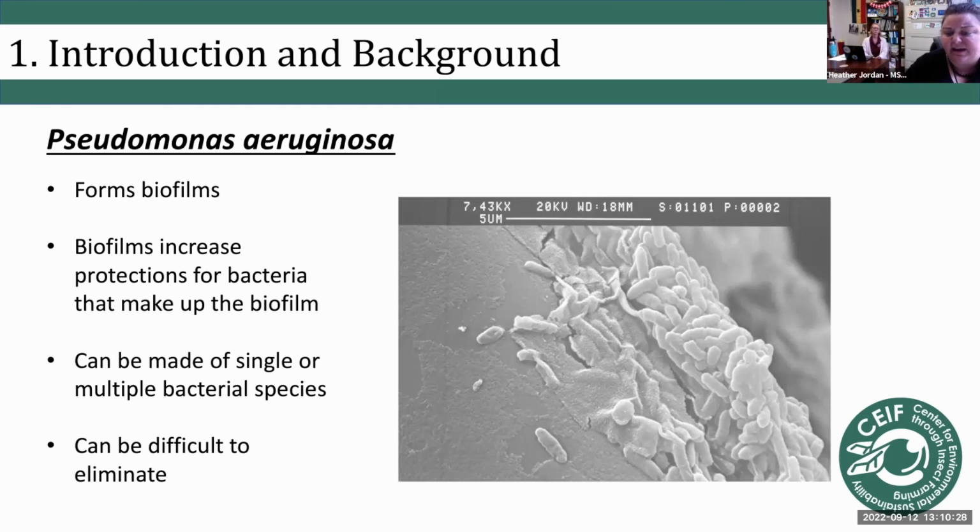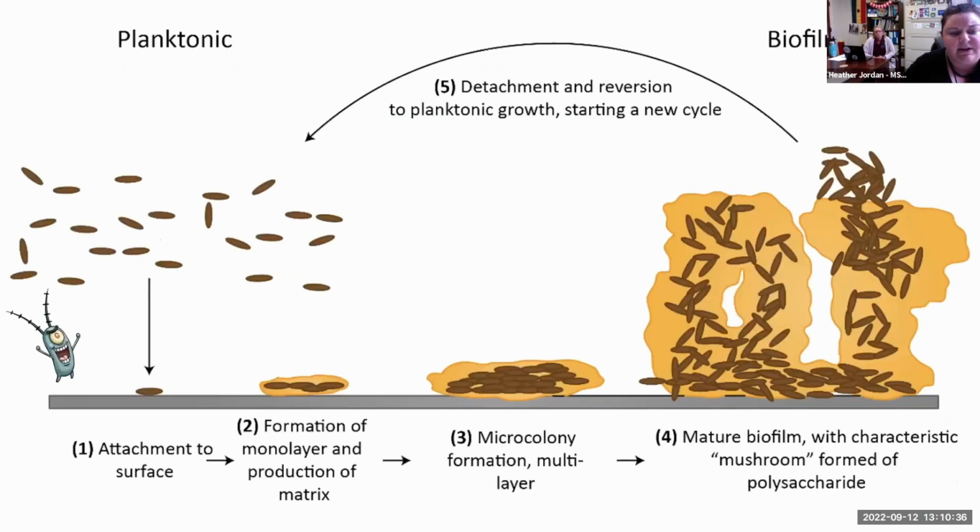So on the slide here, I have a picture of a scanning electron micrograph of bacteria in a biofilm surrounded by a matrix. And here is just a brief overview of how a biofilm is formed. We first have bacteria in a planktonic state that can attach to a surface. This could be pans that insects are raised in. This could be equipment. This could be all kinds of things.